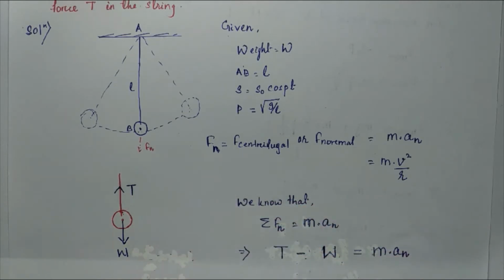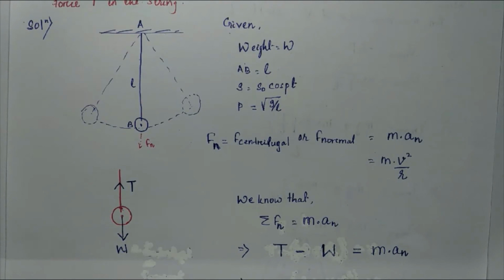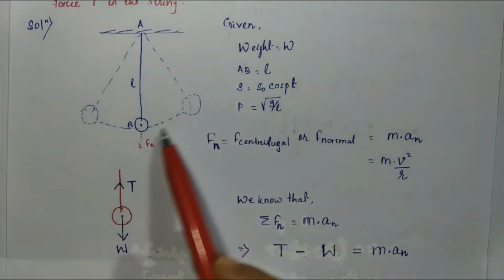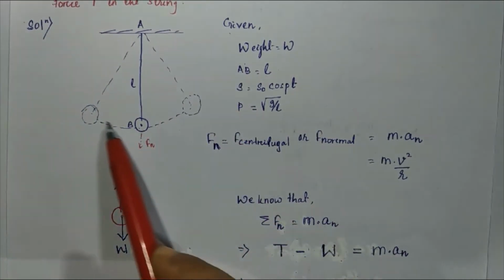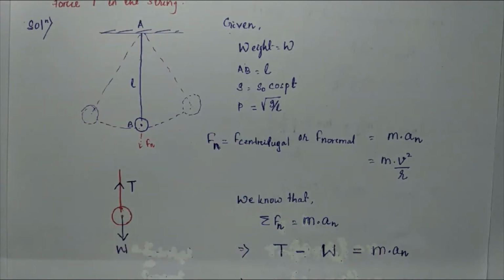By considering that normal force, we have to write down the equation of motion, or the differential equation of curvilinear motion. This pendulum is moving in a curved path, so this is a case of curvilinear motion. We know that summation of Fn is equal to m into an.